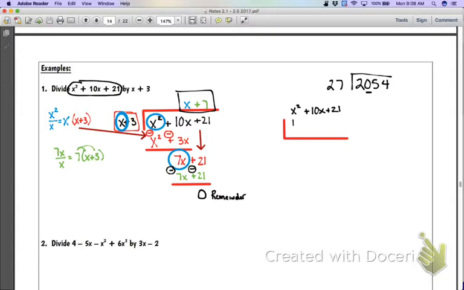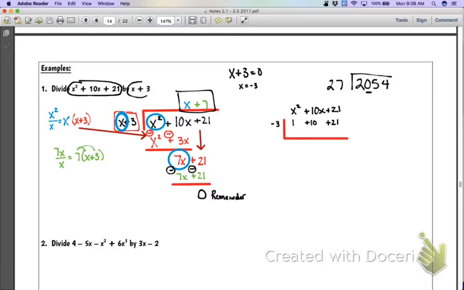So I'm going to have a 1, a positive 10, and a positive 21. I don't bring the x squared along or anything like that. Now, the one thing I have to make sure of, if I'm dividing by x plus 3, is to take x plus 3 and set it equal to 0. So what is my actual x value? Negative 3. So that negative 3 is going to go out in front.